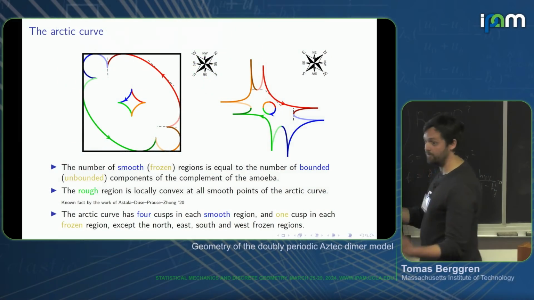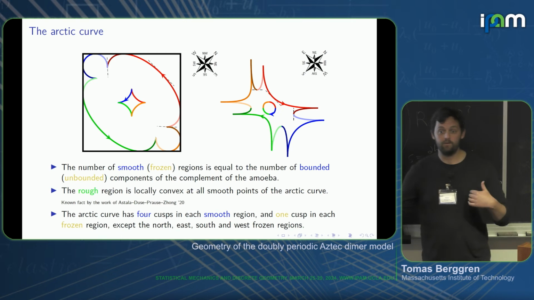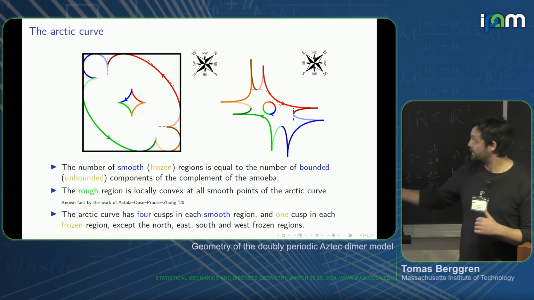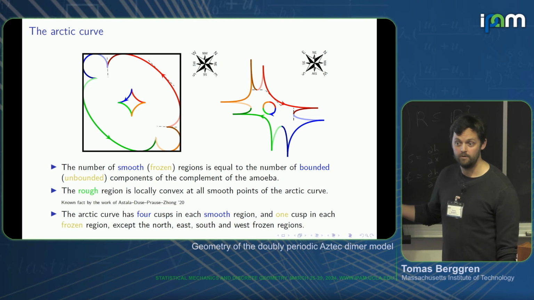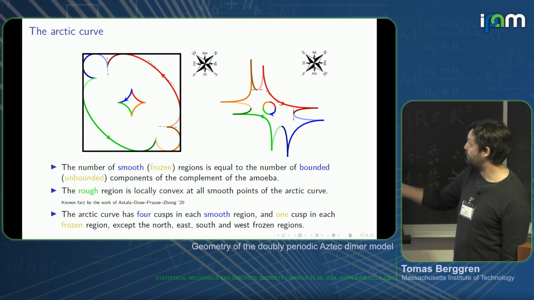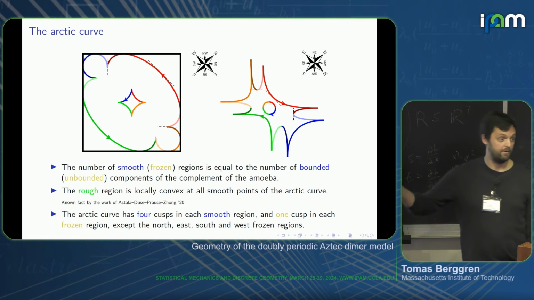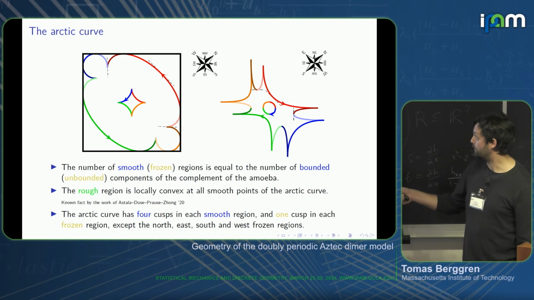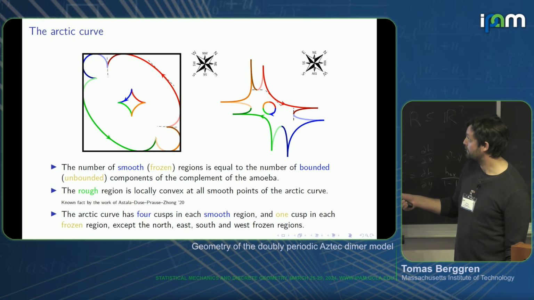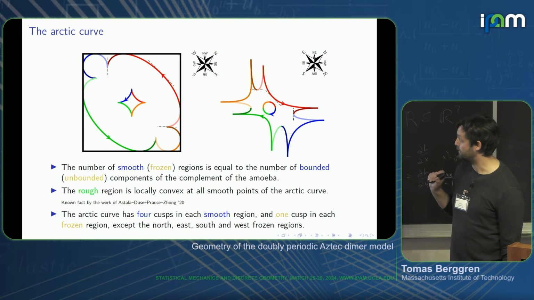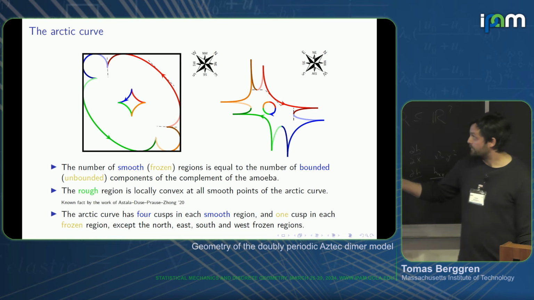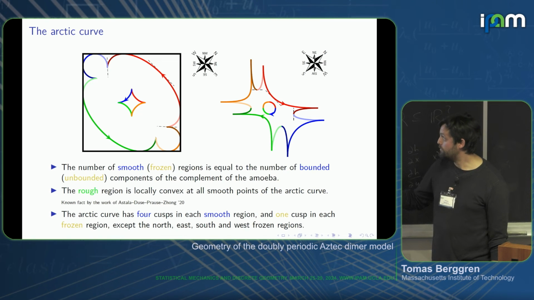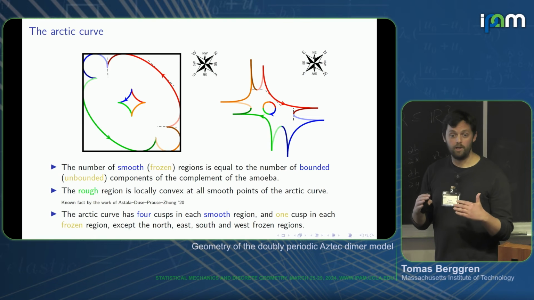And one thing, this is a homeomorphism. So you have a one-to-one map between the smooth regions and the compact ovals. You also have a one-to-one map from the frozen regions to these unbounded complements of the amoeba. So this corresponds to this one, this one to this one. It also implies that the liquid region or rough region is locally convex.